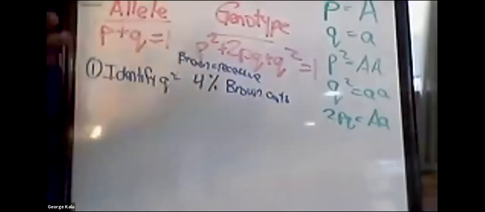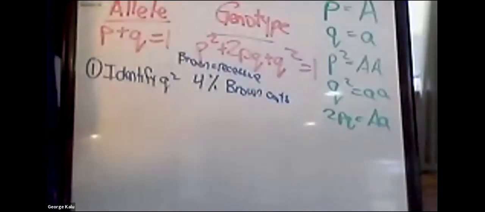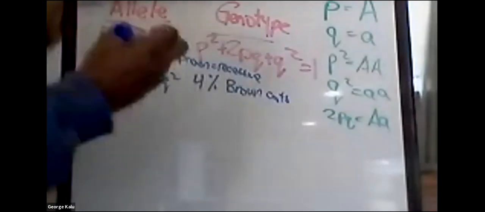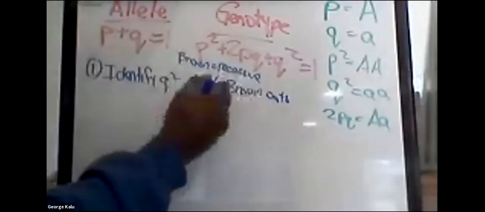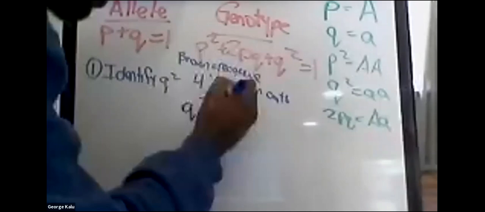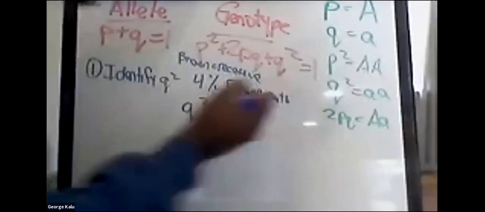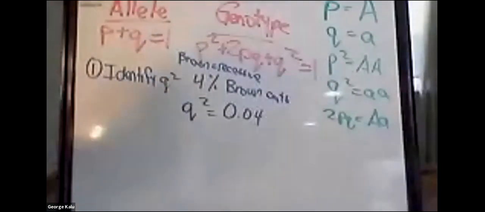What percent of cats are homozygous recessive in our population? 4%, exactly. So Q squared is 4%, and I'll write that as a decimal, 0.04. That's our Q squared.